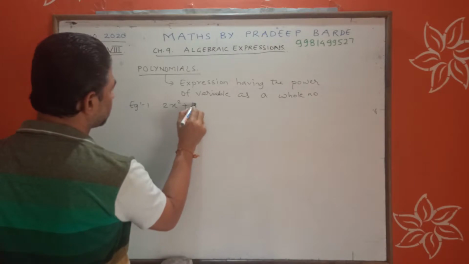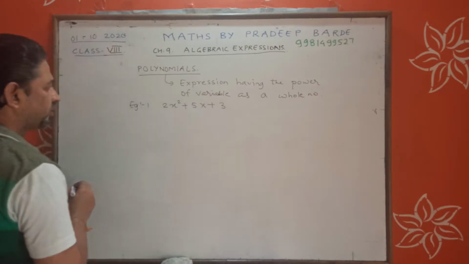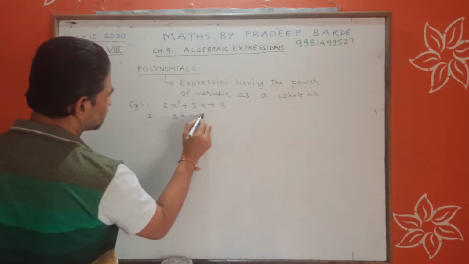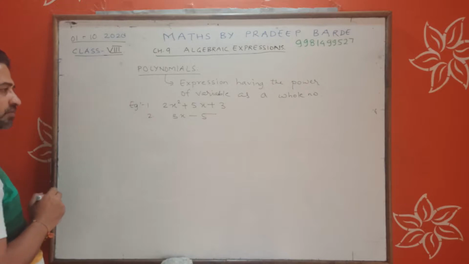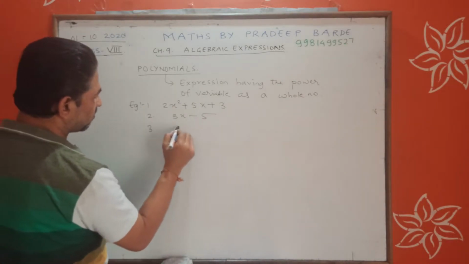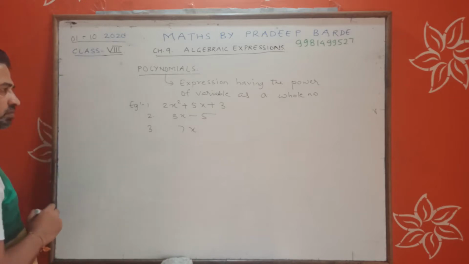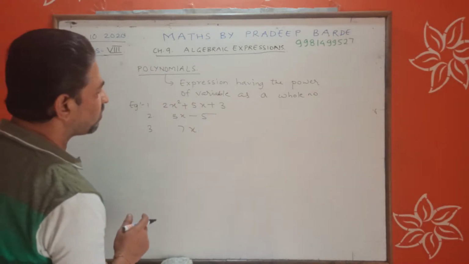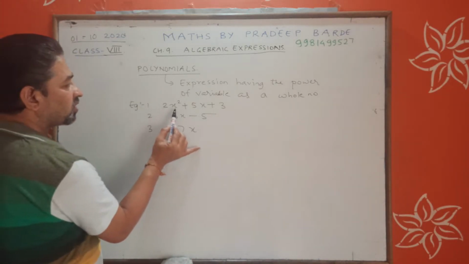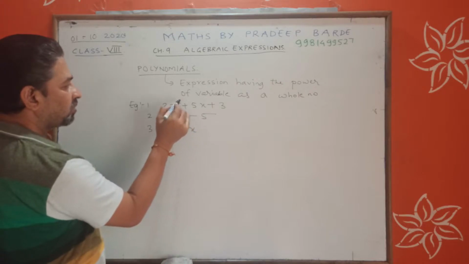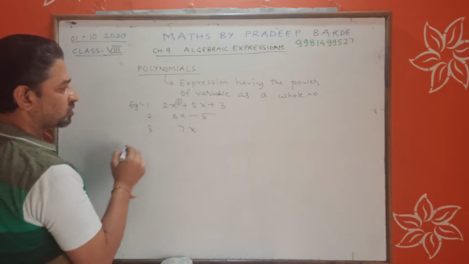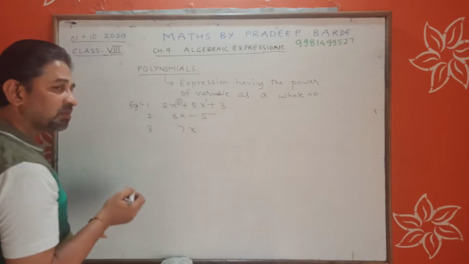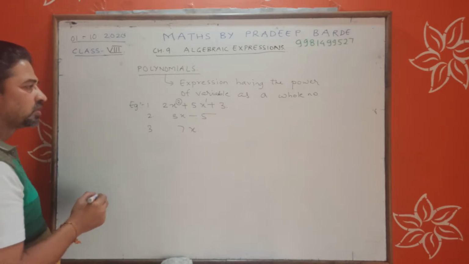2x square plus 5x plus 3. Second example, 3x minus 5. Third example, only 7x. So these are some examples of polynomials. In this we see the power of variable is a whole number. The power of x here is 1. And when there is a constant term, that means the power of x is 0.